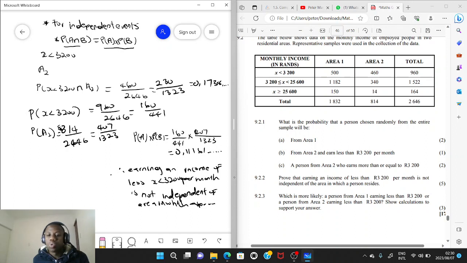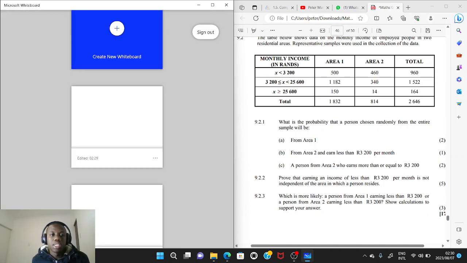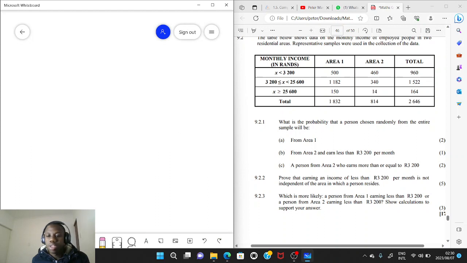So we want to know which is more likely between the two. We want the one with the highest probability, right?